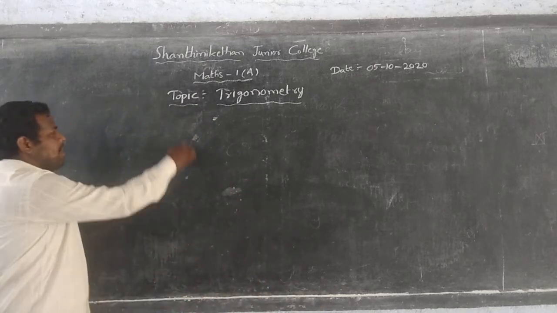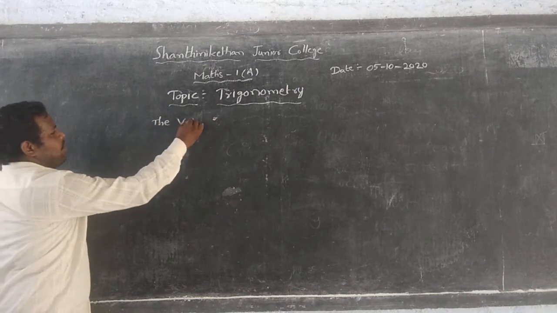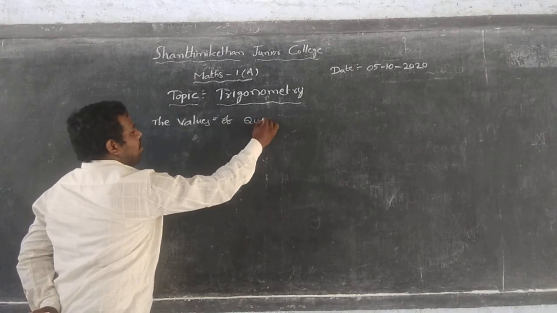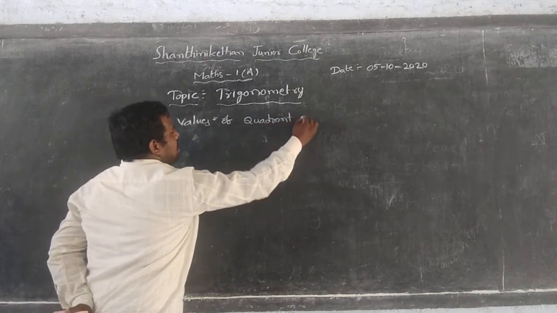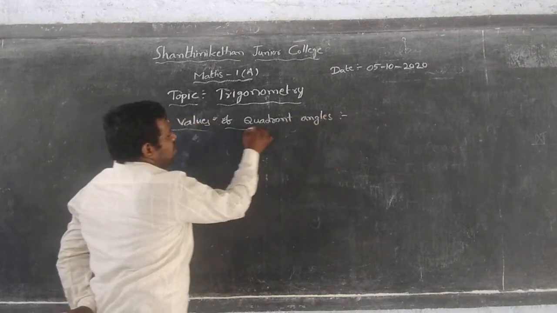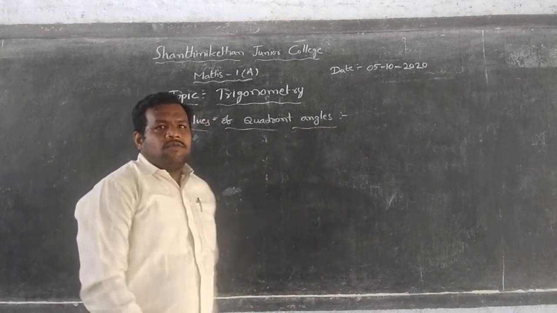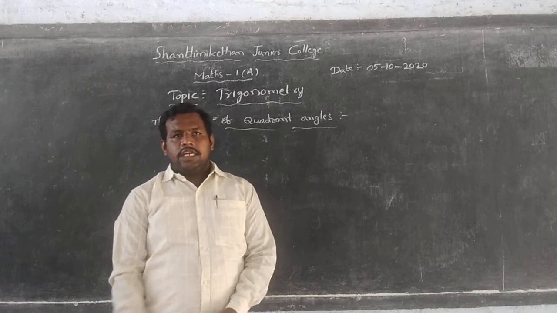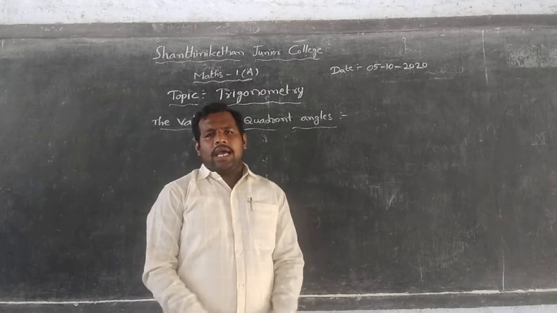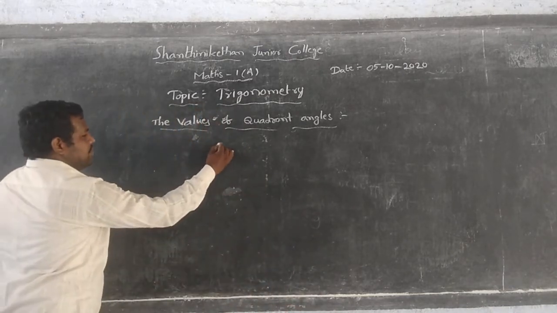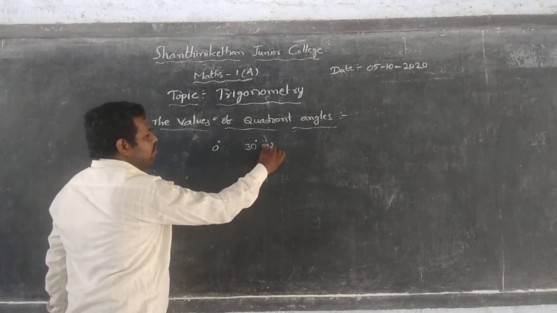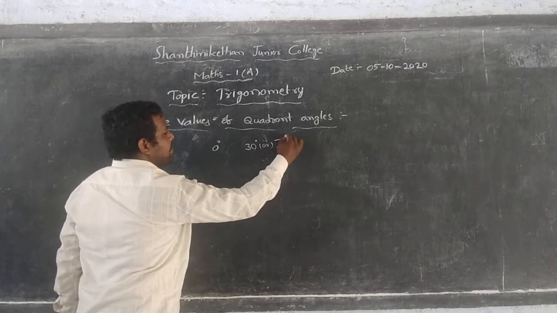Today, the values of quadrant angles. What is the meaning of quadrant angles? 0 degrees, 30 degrees, 45 degrees, 60 degrees, 90 degrees are called quadrant angles. 30 degrees can also be written in radians as pi by 6 radian.